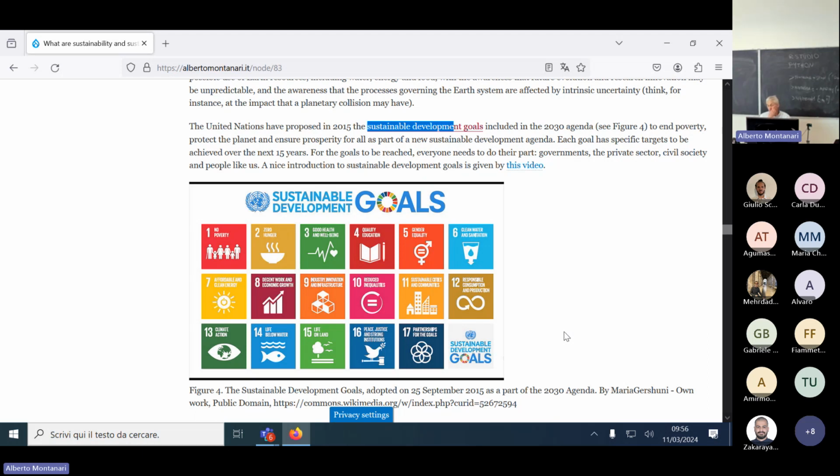And therefore, these goals are also criticized because some people say, and this is reasonable to some extent, that they were set up by referring to the condition of the rich world, not of the poor world. So ideally, we should not put any limitation on the poorer countries, and we should concentrate the limitation on the countries that release most of the CO2 emissions.